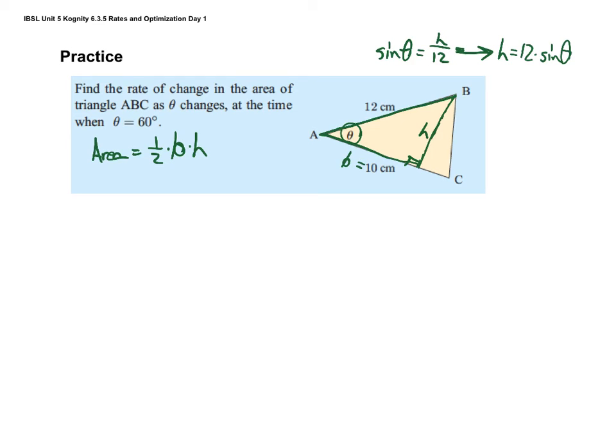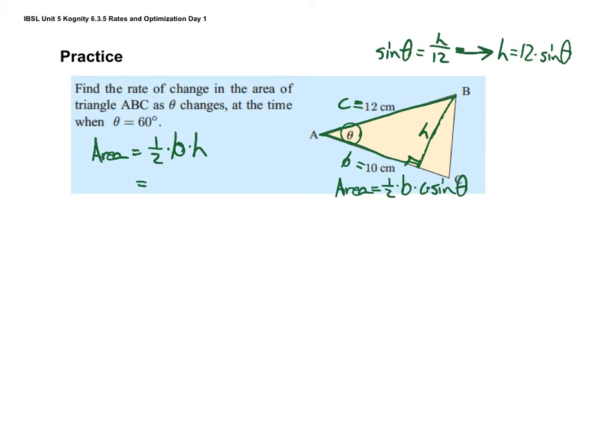Let's say that we called this side C, since it's across from angle C. If we know two sides and the angle between them, then the area is going to equal 1/2 times the two sides times the sine of the angle between them.